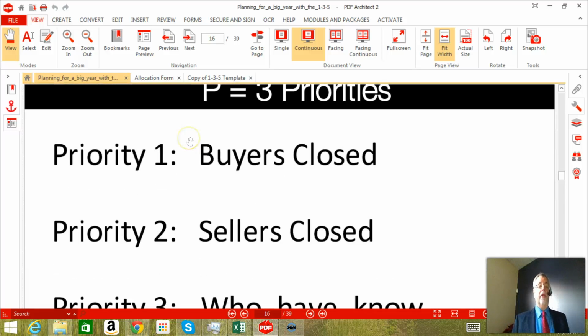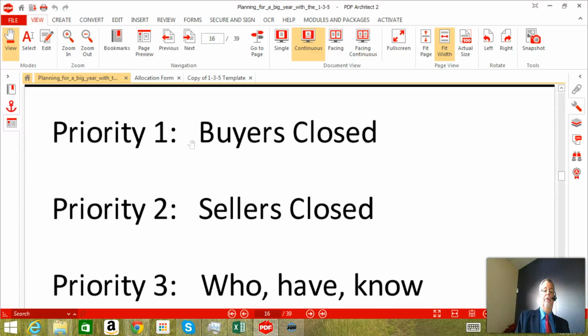And the priorities are generally pretty straightforward. You're going to need buyers, sellers, and then the third priority is called the who, have, know. Jeff was talking about this morning during the team meeting. What if you were going to invest money or time into your inventory, into your product? What you'd be doing is investing time in yourself.